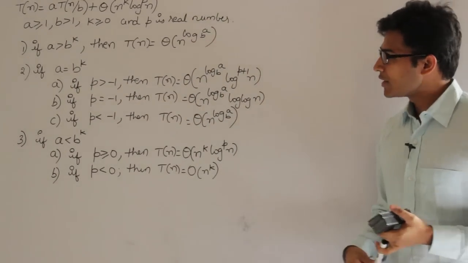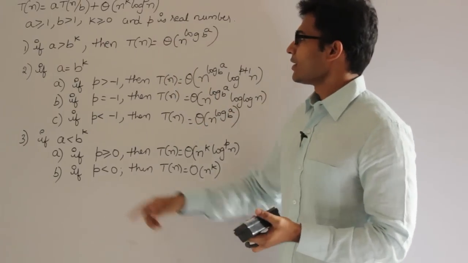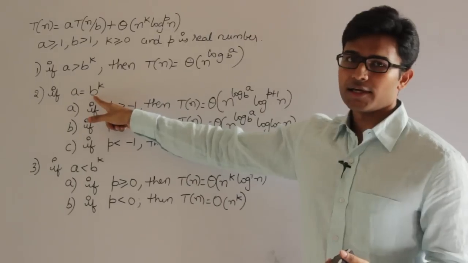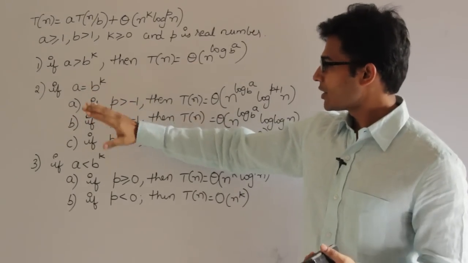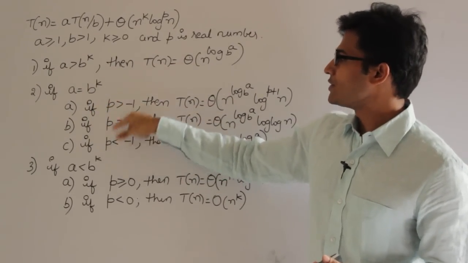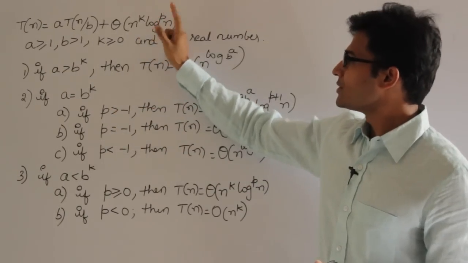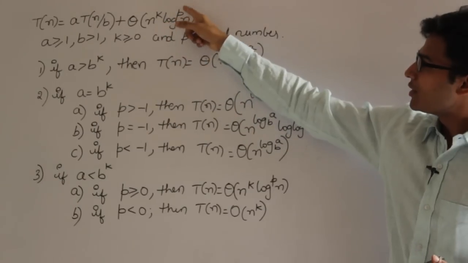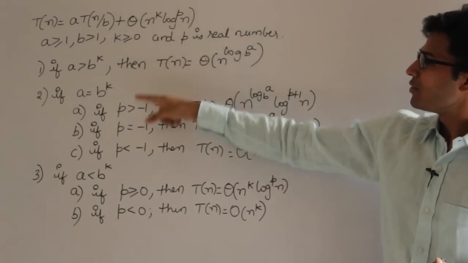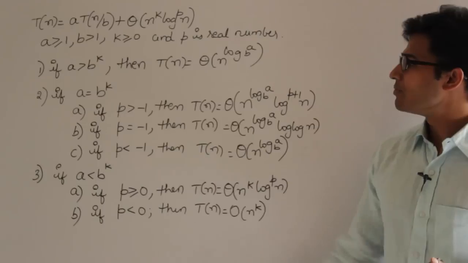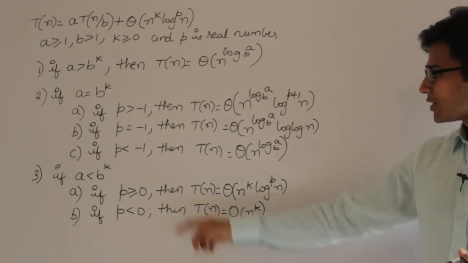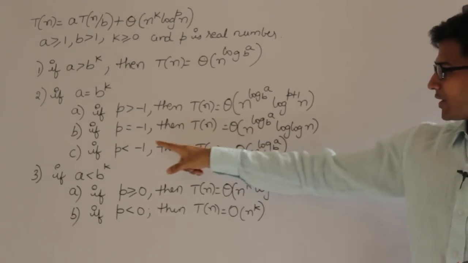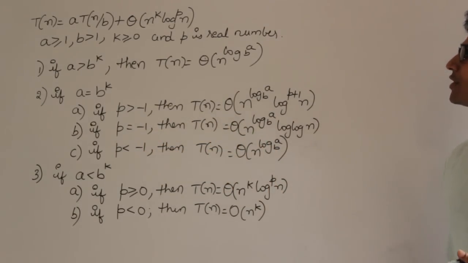The second condition is, if a is equal to b power k, which means both are equal, then you have to see the values of p. P is relevant if you have anything in terms of log raised to a power. If p is greater than minus 1, then this is the equation. If p is equal to minus 1, then this is the equation. If p is less than minus 1, then this is the equation.